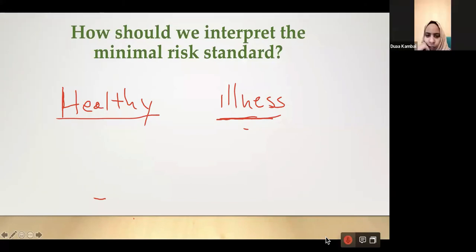Doctor, I think it depends on the study type and the study subjects. That's why when we are recruiting the subjects, they all have to have the same inclusion criteria, so that the risk will be the same on all of them. Like we cannot say healthy or ill people.